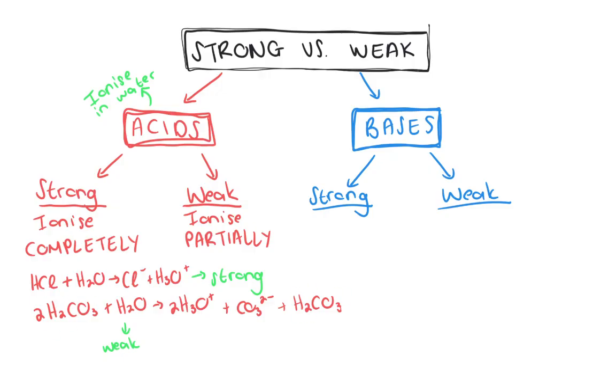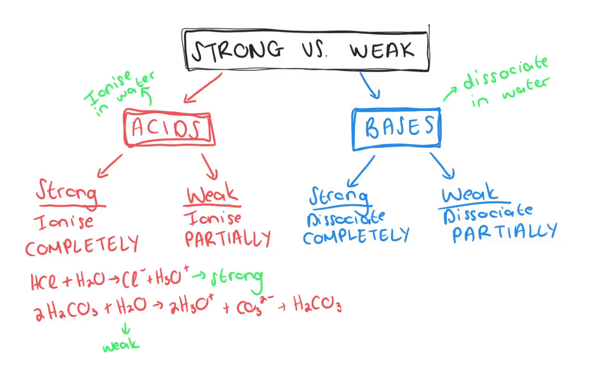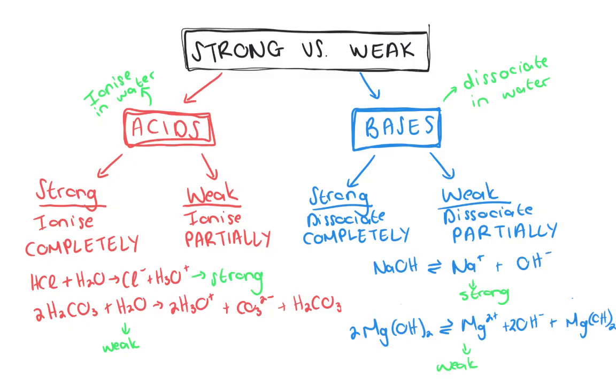And the same goes for your bases. A base will dissociate in water, but a strong base will dissociate completely, while your weak base will dissociate only partially in water. So for example, if I take my strong base sodium hydroxide and I mix it with water, all of the sodium hydroxide will dissociate.